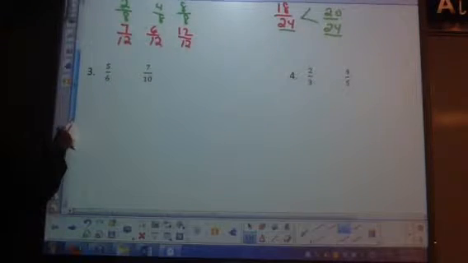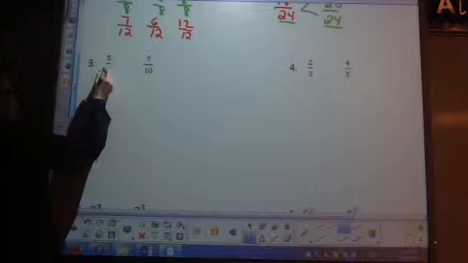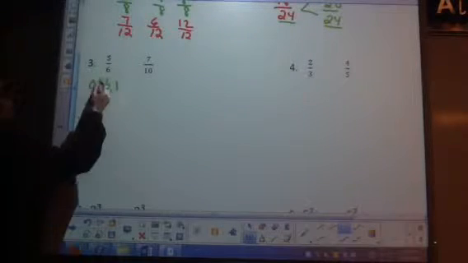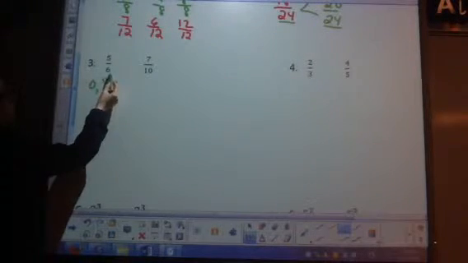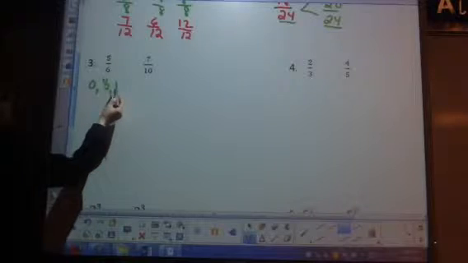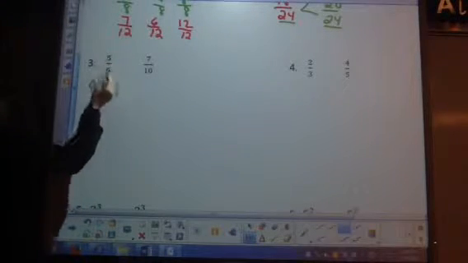Okay, on number 3, let's think benchmarks. We need to think, is 5/6 closer to 0, 1/2, or 1? And is 7/10 closer to 0, 1/2, or 1? So what do you think about that one? Well, half of 6 is 3, and 5 is to the right of 3. A whole of 6 is 6/6, so I'm going to say this is closer to 1.